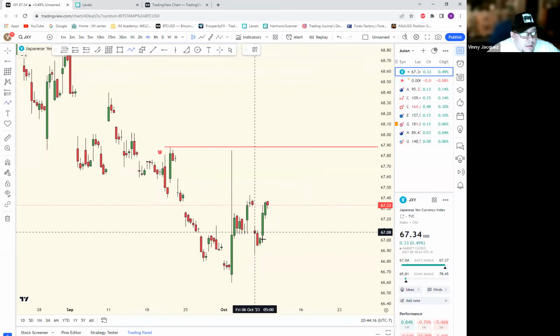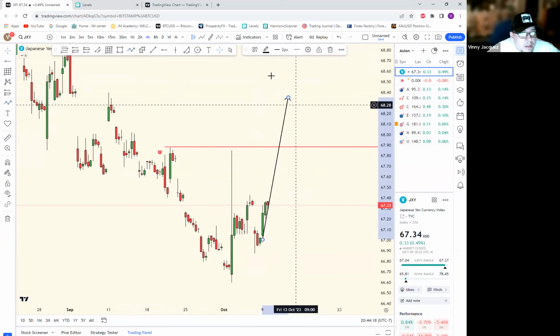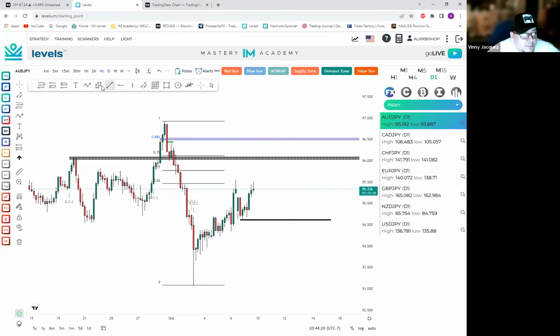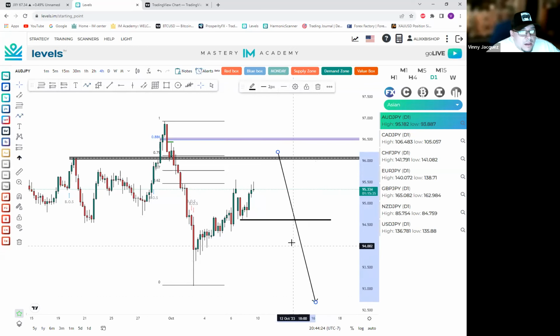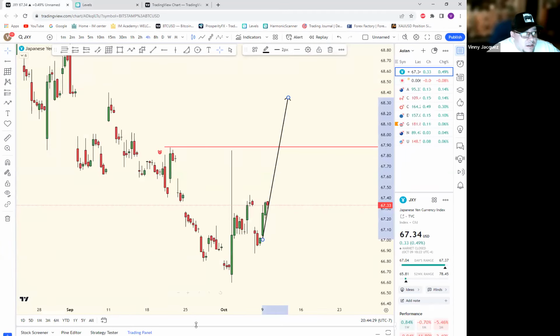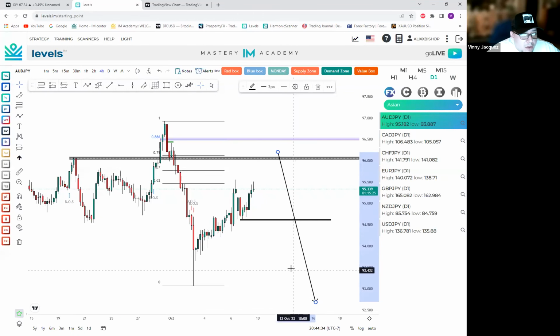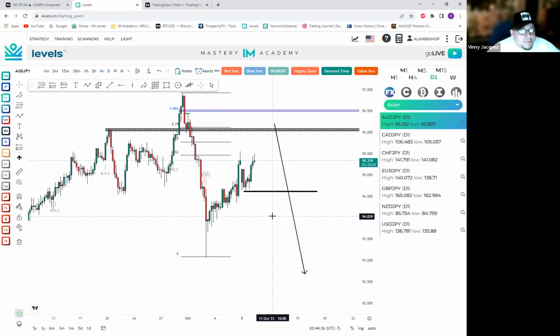If the yen can go up, then we could look for some possible sells with the yens. Anything with JPY at the end will be going down. So that's how you can use the currency in your favor to give you a strong bias.